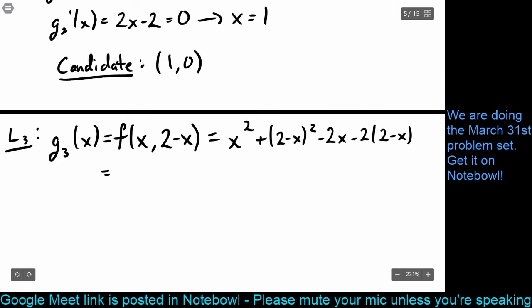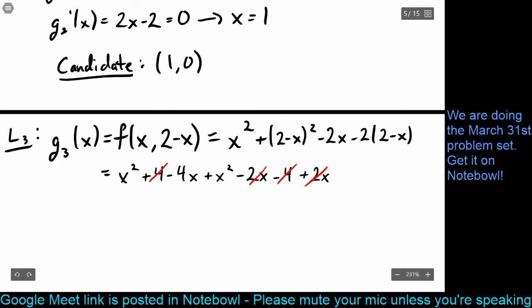plus 2 minus x squared minus 2x minus 2 times 2 minus x. Let's simplify this a bit. What do we get? X squared plus 4 minus 4x plus x squared minus 2x minus 4 plus 2x. Does anything cancel? Those cancel. Those cancel.